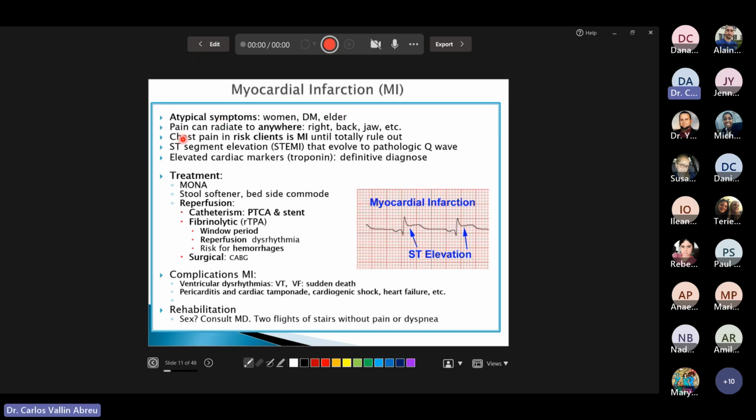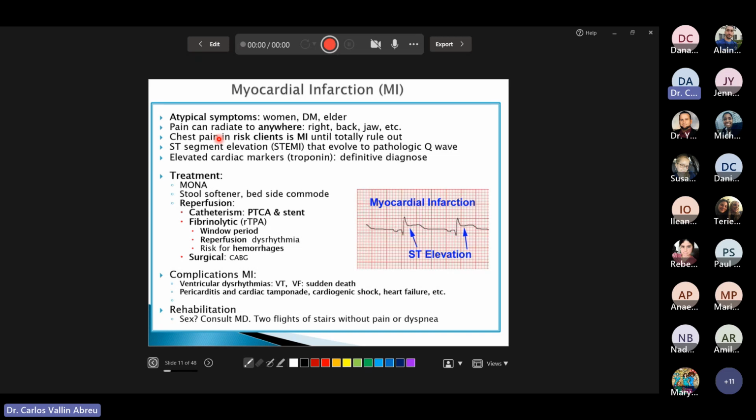What is true is that if you have any client with chest pain, you need to consider this client a priority, especially if the client has risk factors. So if you have an 18 year old with chest pain, it's not logical to think of myocardial infarction, because at this age there are no risk factors present.